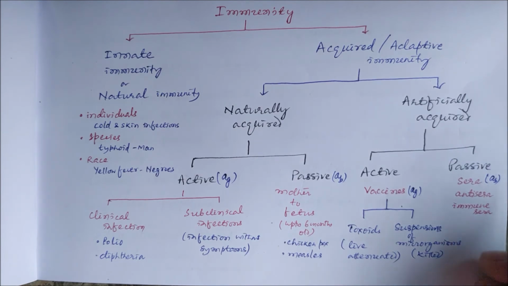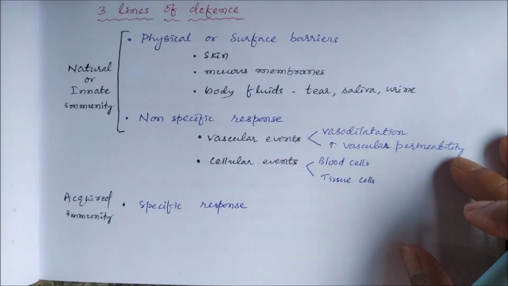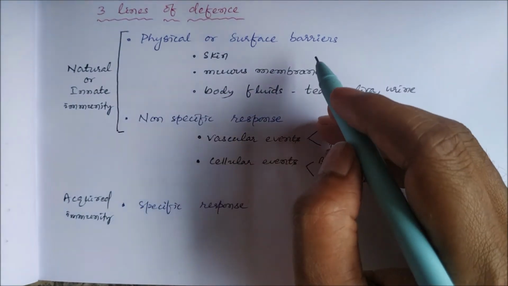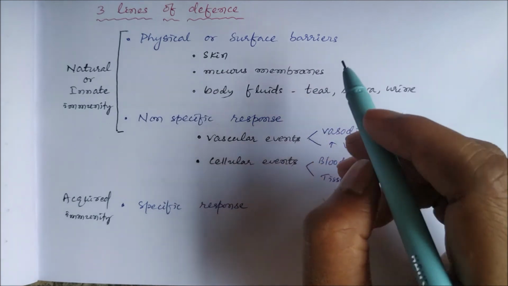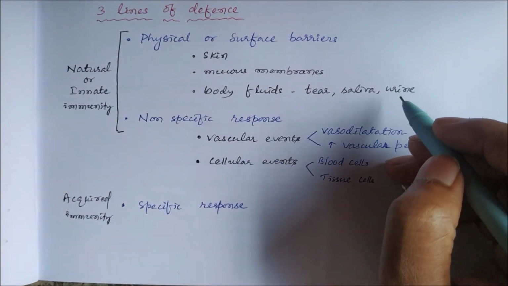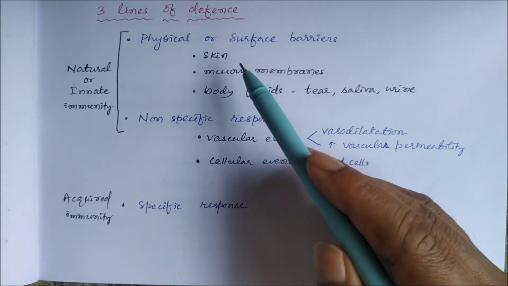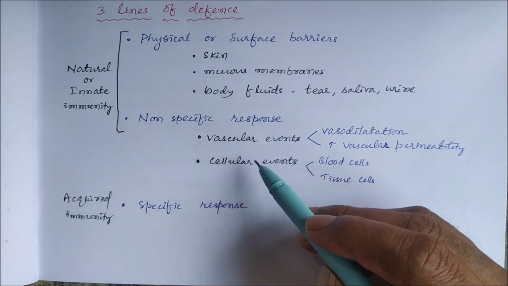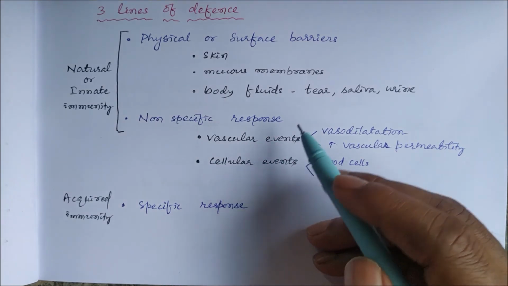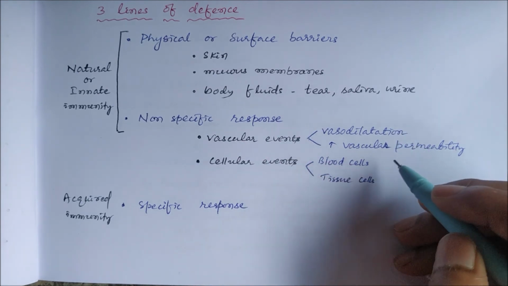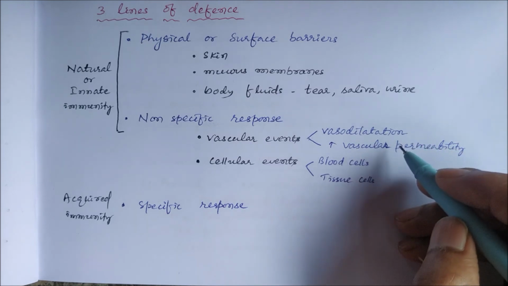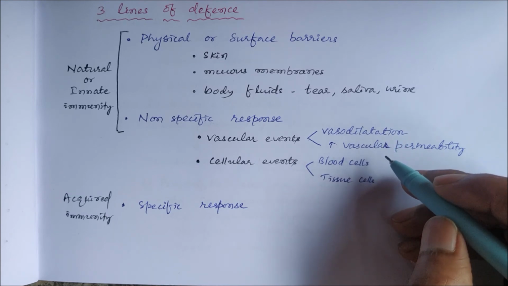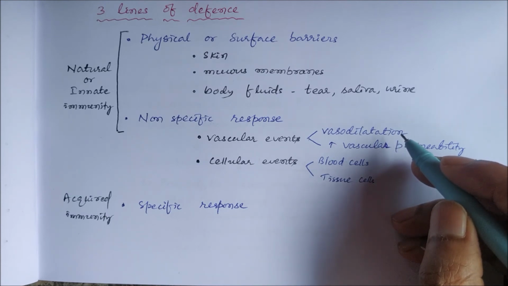Then there are three lines of defense. In case of any foreign substance, the first barrier is the physical or surface barrier, which includes the skin, mucous membrane, and body fluids like tears, saliva, urine, etc. If the physical barrier is not sufficient, then we have the non-specific response, which includes vascular events and cellular events. The vascular events include vasodilatation and increase in vascular permeability, which causes accumulation of exudate containing proteolytic enzyme cascades, which act against the foreign substance.